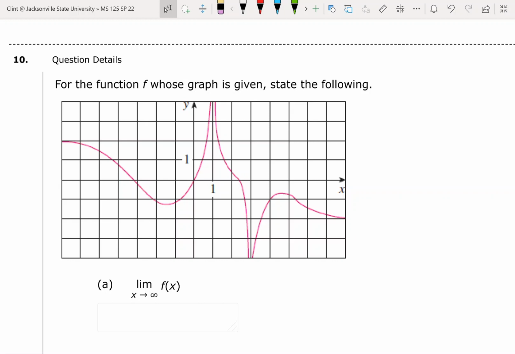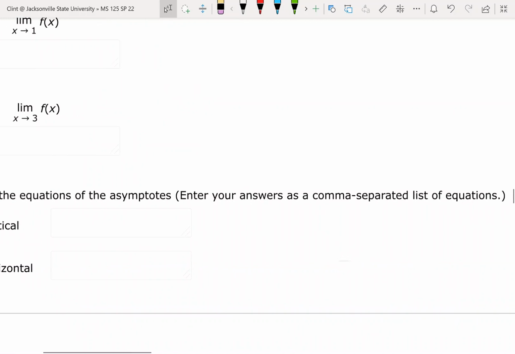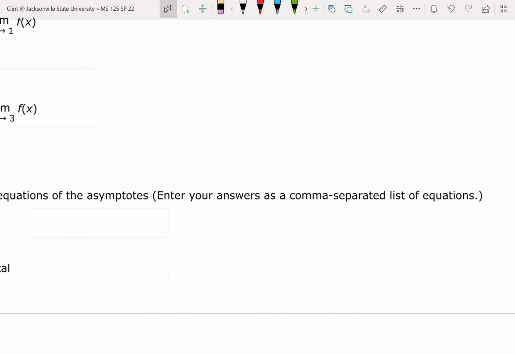Big takeaways on that one. But if that one gave you trouble in WebAssign, we ran into this on Friday. It's because it wants you to give the asymptotes as x equals for the vertical and y equals for the horizontal because it says equation. So it won't let you just put in the values there.